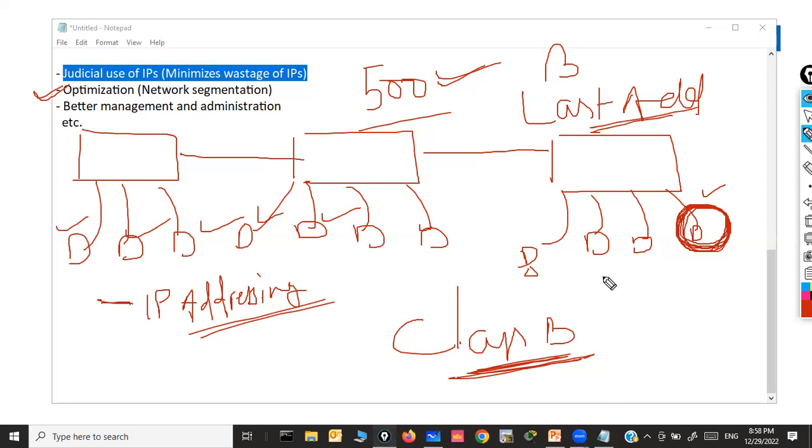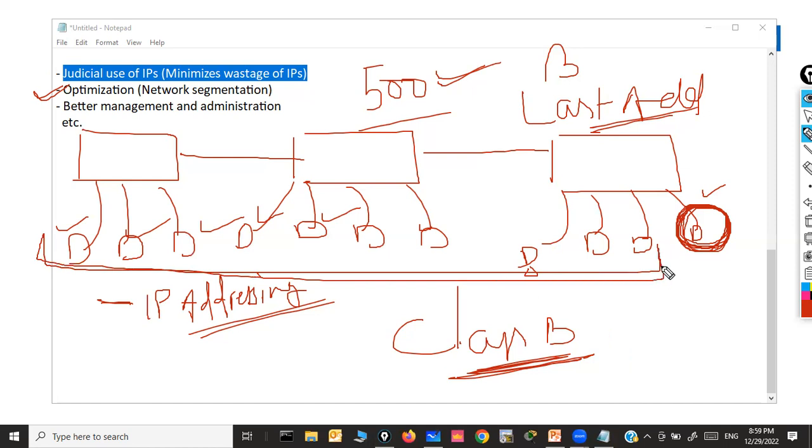That message will hit all the end devices. If there are 500 computers in a network, and one of the computers is generating a broadcast message, then 499 computers all get that broadcast packet. Why? Because all 500 computers are in the same network.